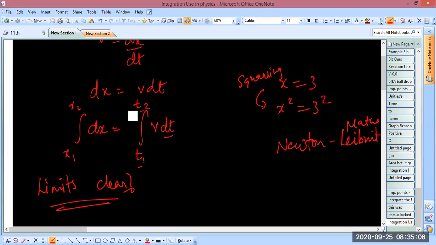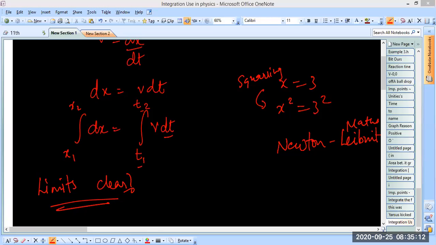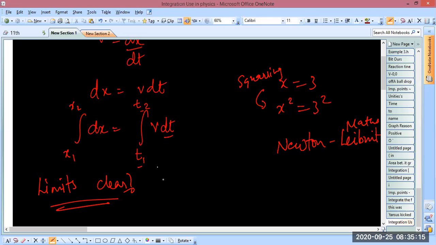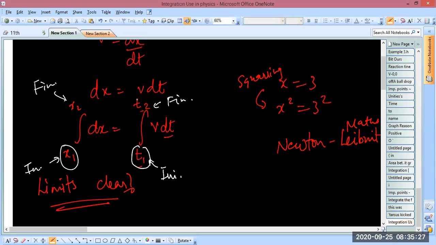Are the limits clear to all of you? Again, the idea is this is initial and final, similarly this is initial, final. That is, when time is t1, what is position? It's x1. When time is t2, what is position? It's x2.